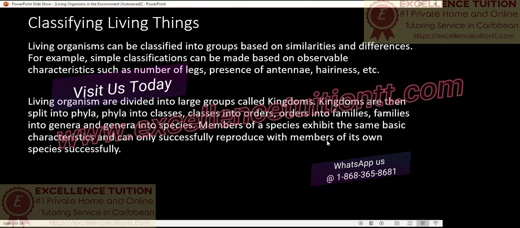So you understand what they mean by that, right? Yes, sir. They're basically saying if two animals could reproduce and make viable offspring, meaning good offspring, they are members of the same species.